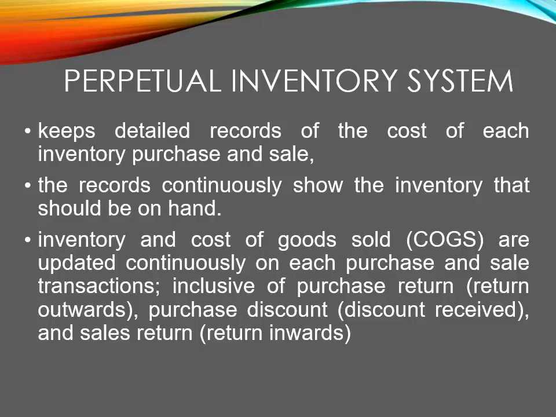So you need to track which cost of inventory is being sold, including purchase returns or purchase discounts and also sales returns. Any of these transactions will affect the inventory value and also the cost of goods sold value. So the perpetual inventory system is updating the information regularly.